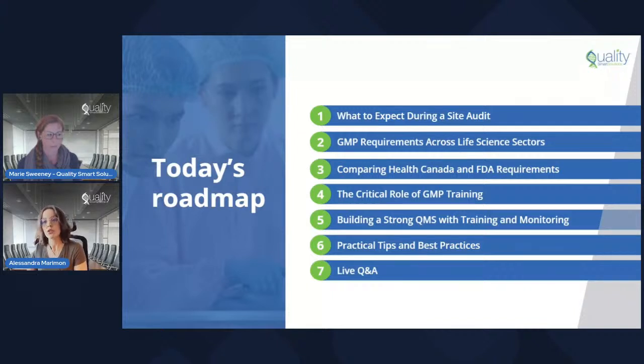We'll also look at the role of GMP training, how to build a strong QMS, some practical tips, and of course, we'll wrap things up with a Q&A at the end.